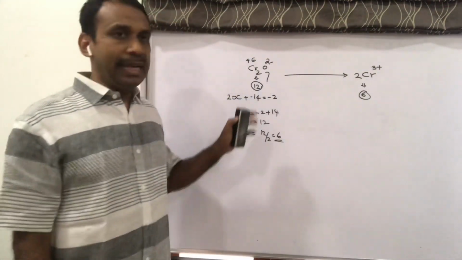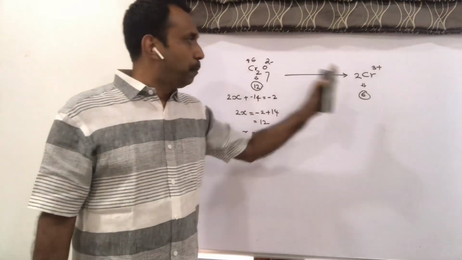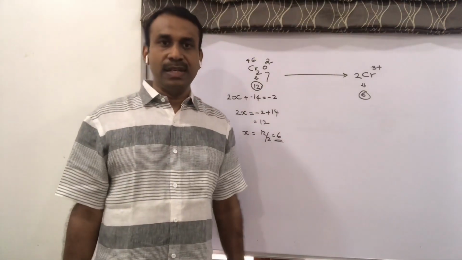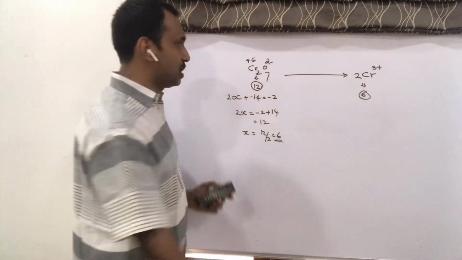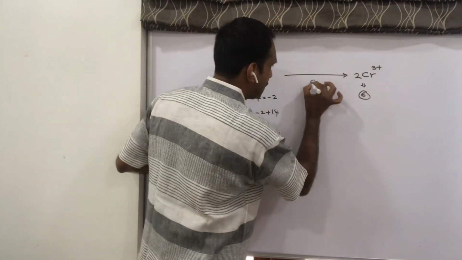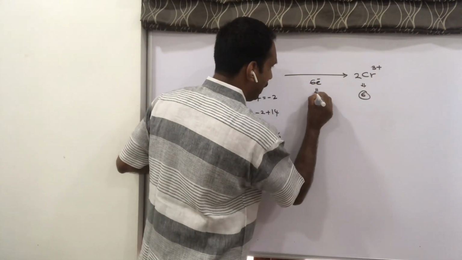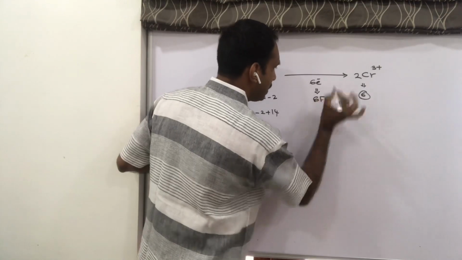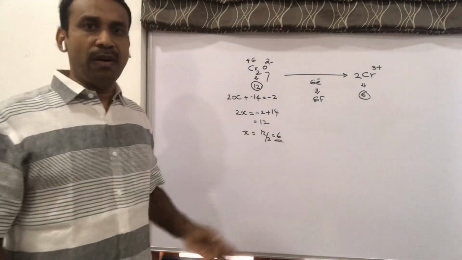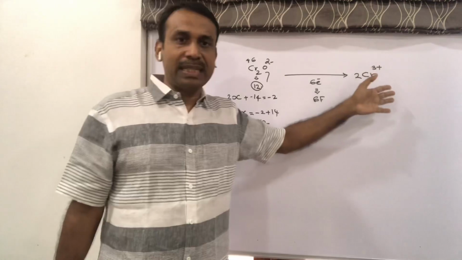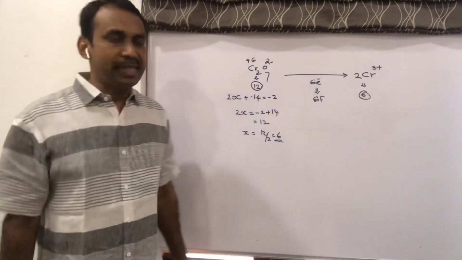Listen, reactant side total charge 12, product side total charge 6. Then what is the difference? 6. So how many electrons? 6 electrons. Then how much Faraday is required? Very simple, 6 Faraday. Conversion of dichromate into Cr3 plus utilizes 6 Faraday.